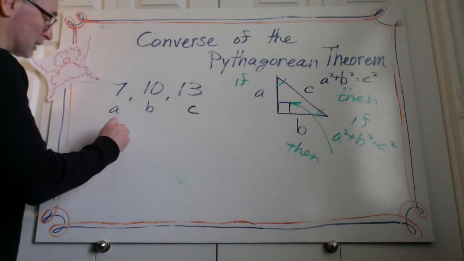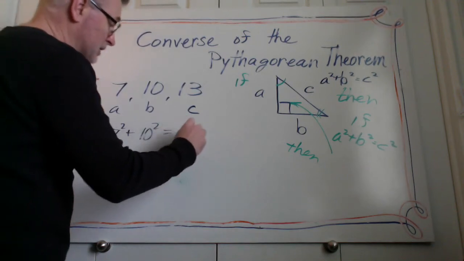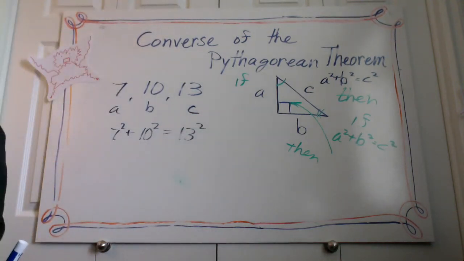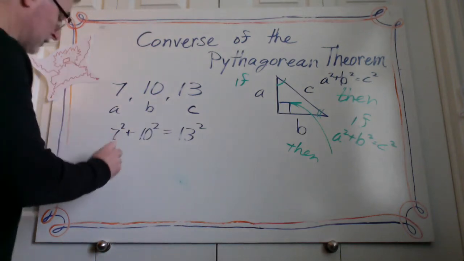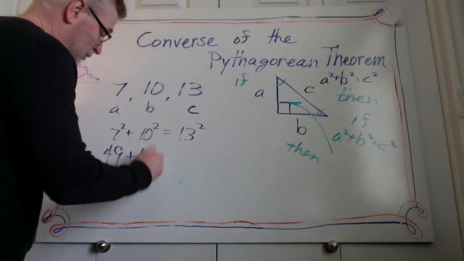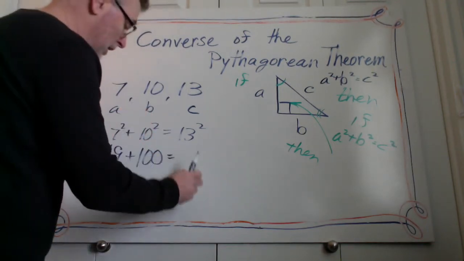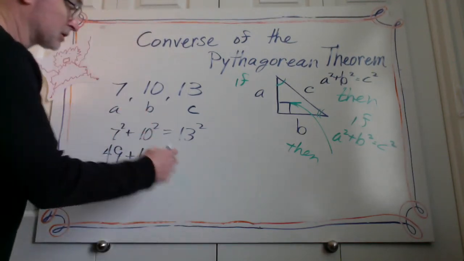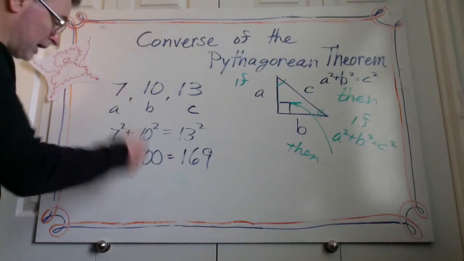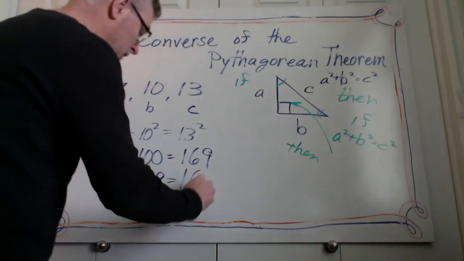So 7 squared plus 10 squared equals 13 squared. 7 squared is 49. 10 squared is 100. 13 squared is 169. 49 plus 100 is 149.